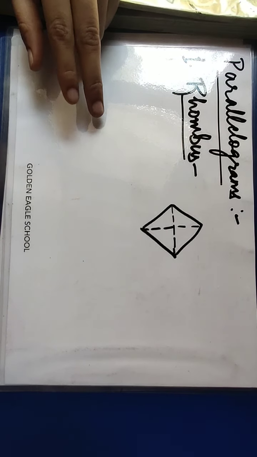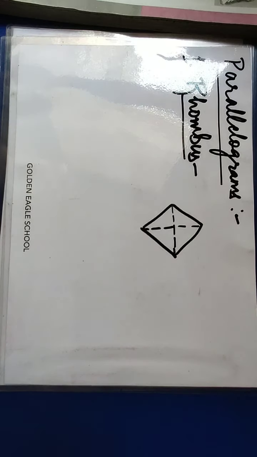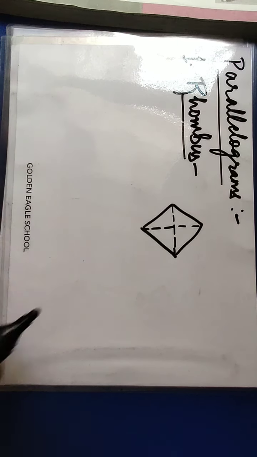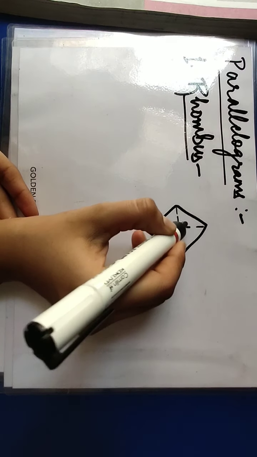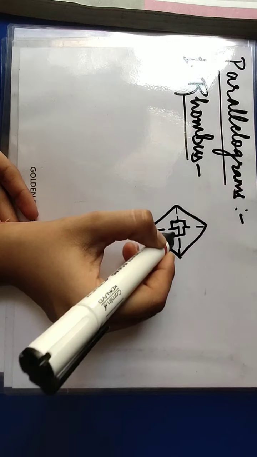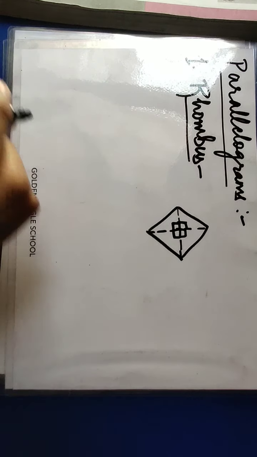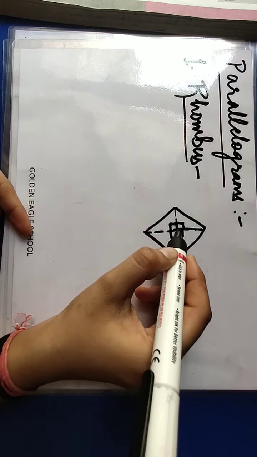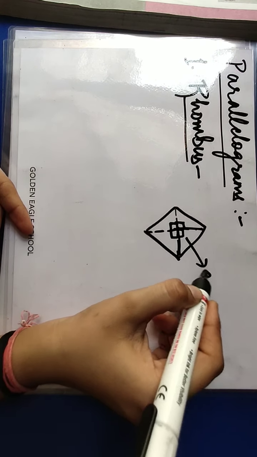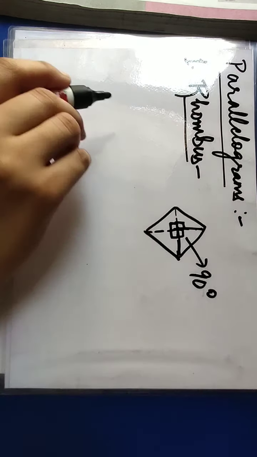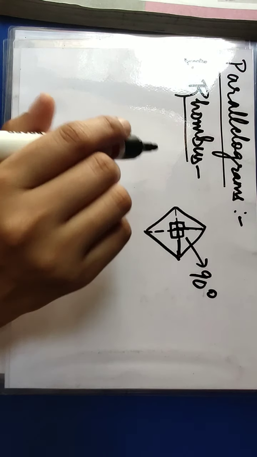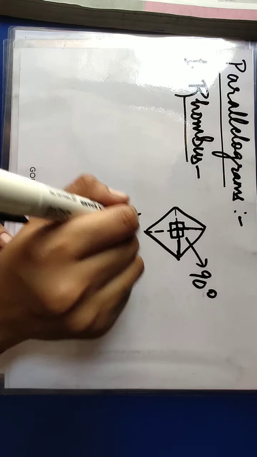Diagonals are the lines joining the opposite or alternate vertices. So the property is that the diagonals of a rhombus are perpendicular bisectors of one another, meaning they bisect each other and they cut each other at a right angle, meaning the angle between these two is 90 degrees. So this is the main property of a rhombus.